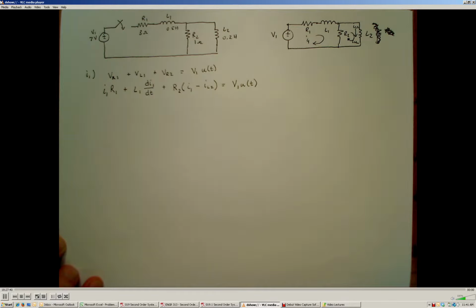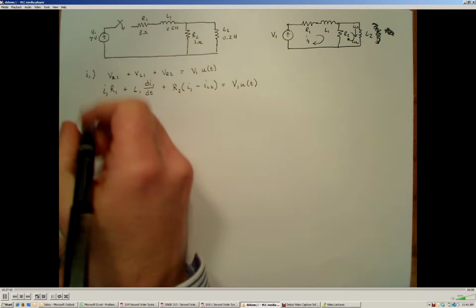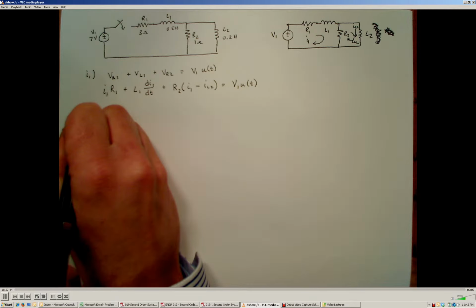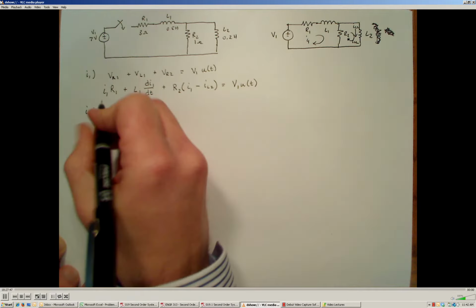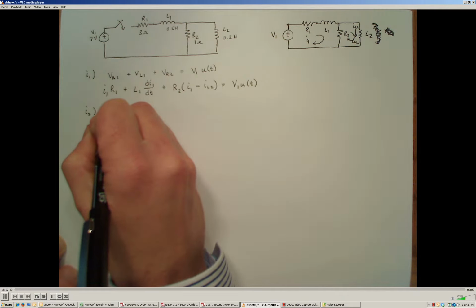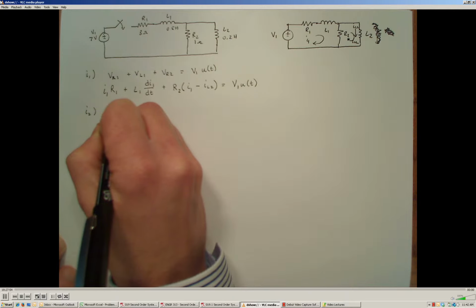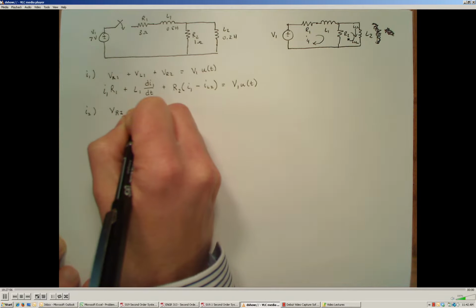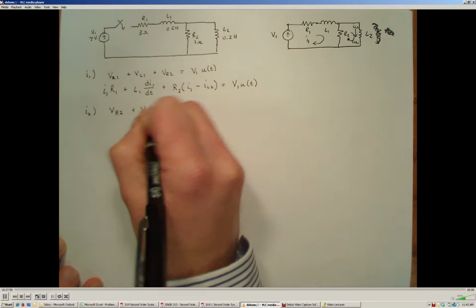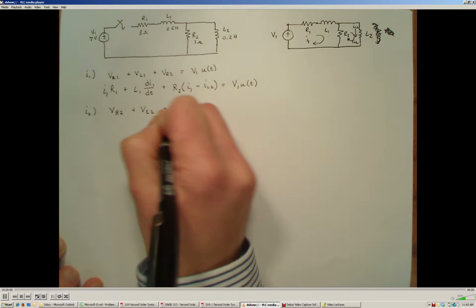Okay. Now I need to develop an equation for mesh 2. Mesh 2 again is based off of Kirchhoff's voltage law, and we have no supply in this mesh, so we're going to have the voltage developed across resistor R2 plus the potential that's developed across the inductor L2 must sum to 0.